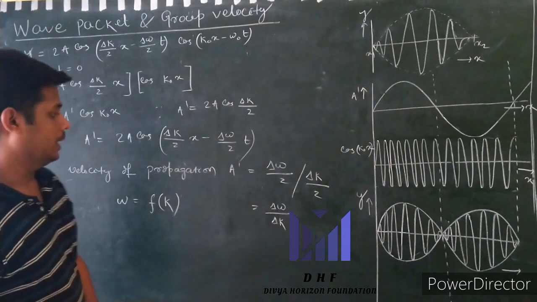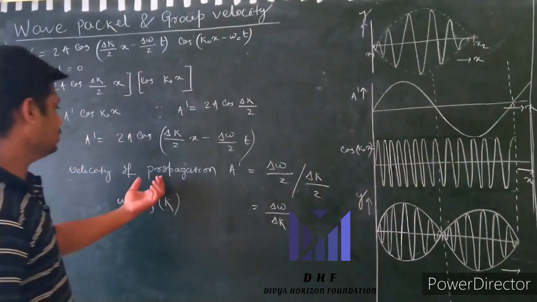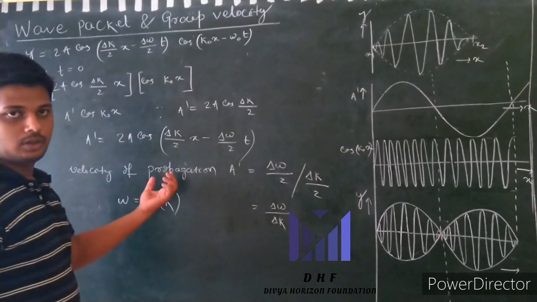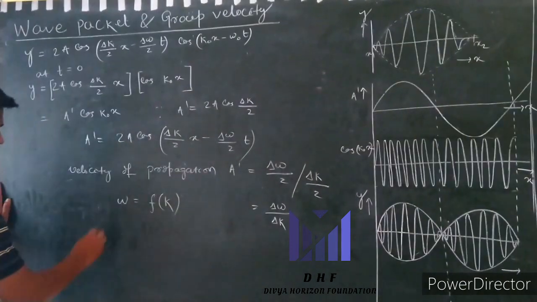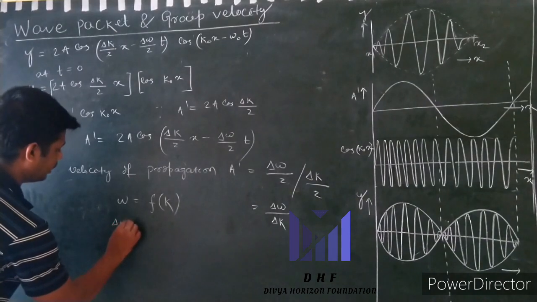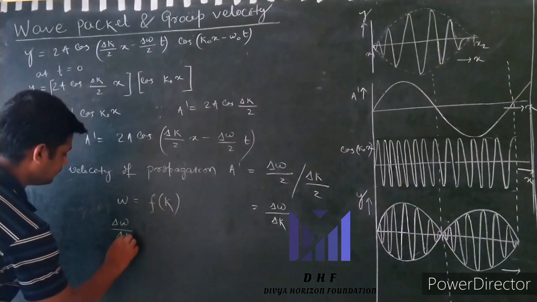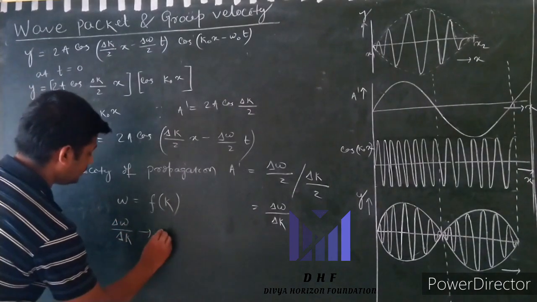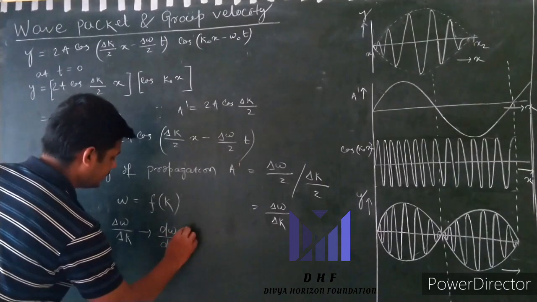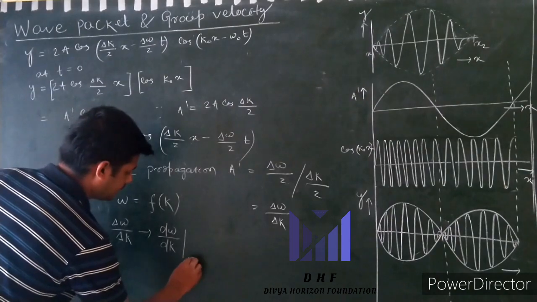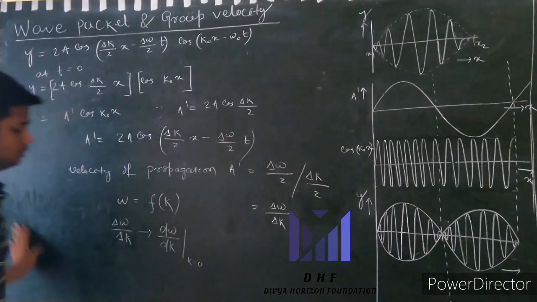So if we apply the velocity of propagation of a Gaussian wave packet in this case, we can replace del omega by del k by d omega by dk at k is equal to k0.